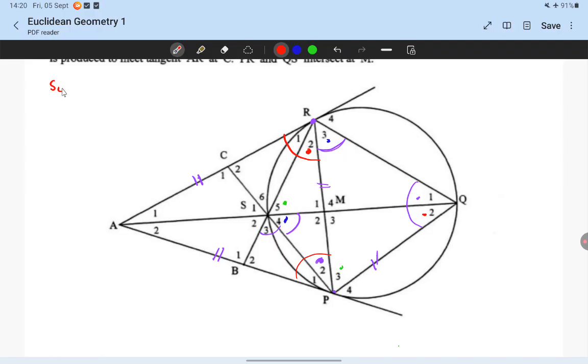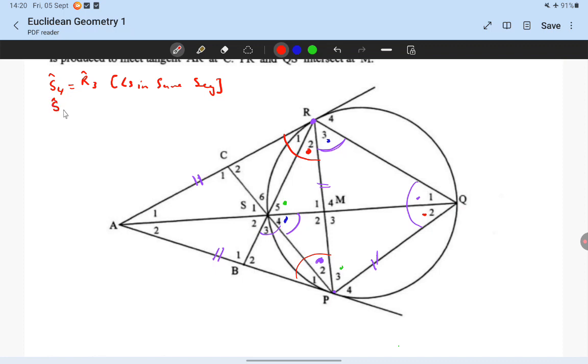Our angle S4 is equal to our R3. And the reason being angles in same segment.